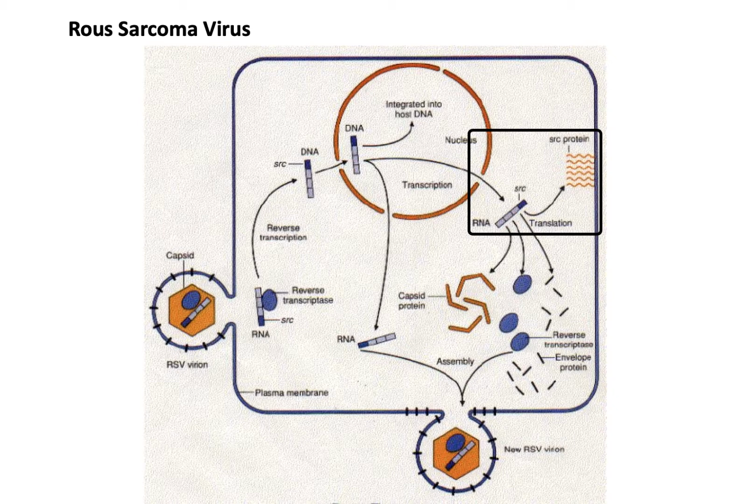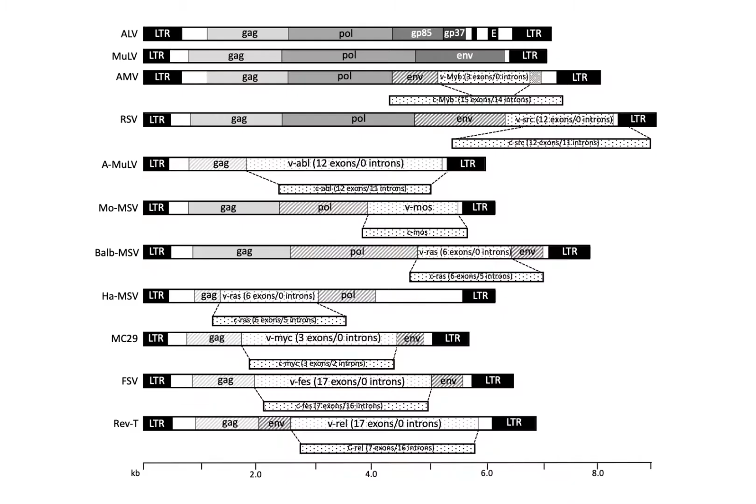So in this example, the RNA virus is carrying along a Src gene, which is involved in signal transduction. But it's not the normal Src gene. It's carrying a mutant Src gene with it, which then can interfere with signal transduction in the next cell that it infects. So here is how that occurs with an oncogene and a proto-oncogene. So the host gene is one form, and the viral oncogene is another form.